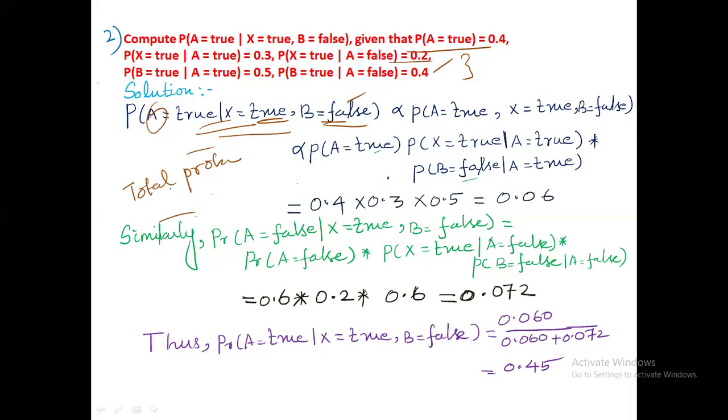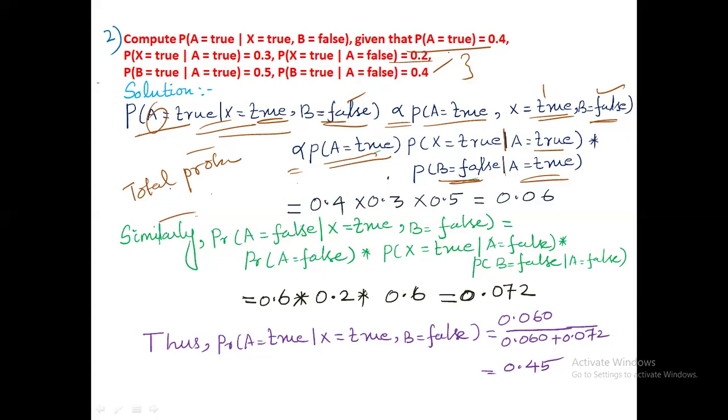So if we expand this, the probability of A is equal to true given X is equal to true, comma B is equal to false is directly proportional to the joint of A is true, X is true, B is false. Expanding it, it is equal to the probability of A is equal to true times the probability of X is equal to true given A is equal to true times the probability of B is equal to false given A is equal to true.